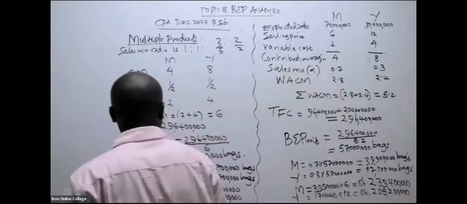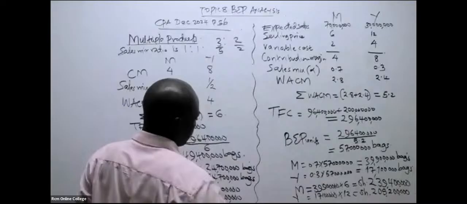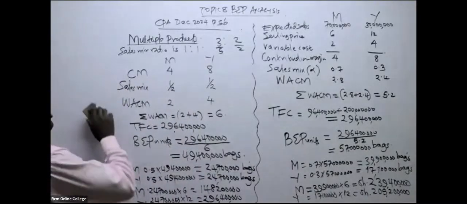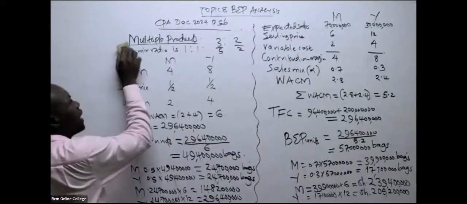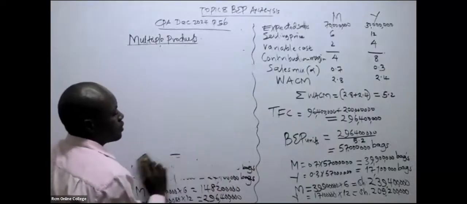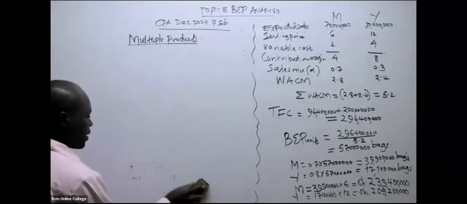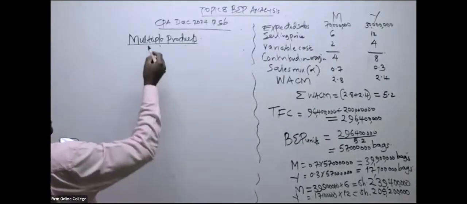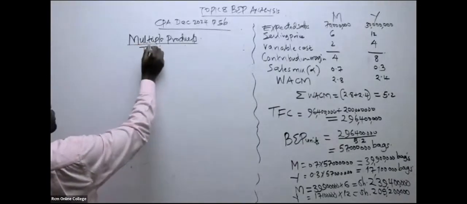Now, we are trying to interfere with the numerator. And in this numerator, we are introducing expected profit at the current sales mix ratio.